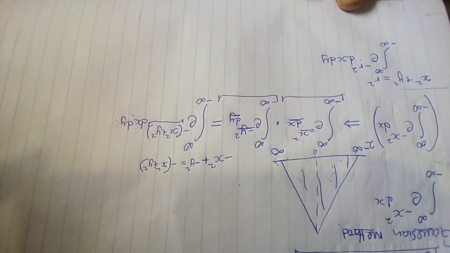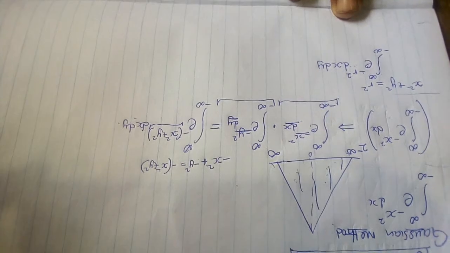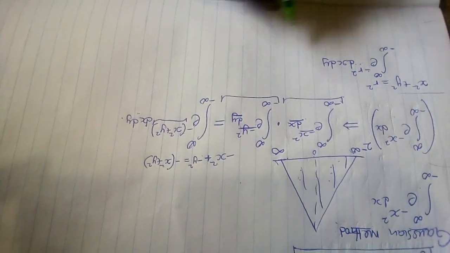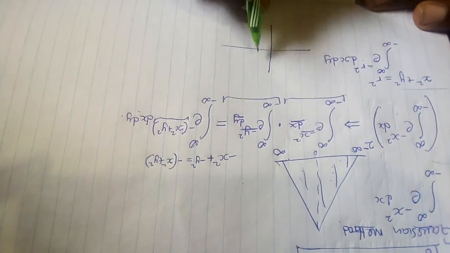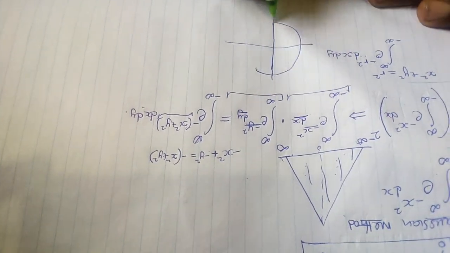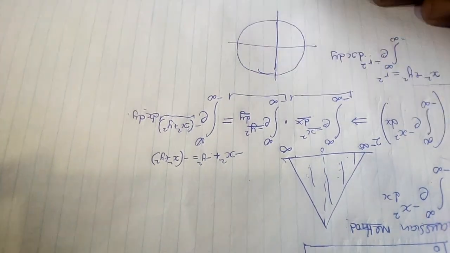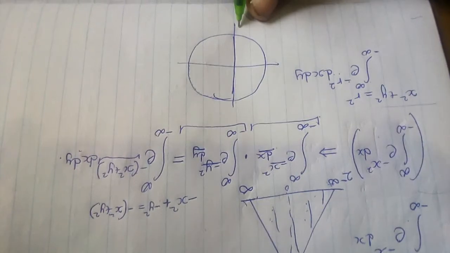But now when you go from Cartesian to polar, you're going to have something like a circle, in a Cartesian plane.